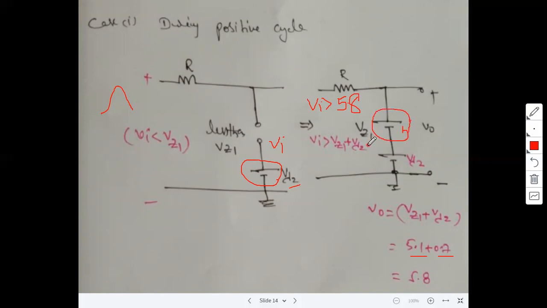The first Zener diode enters into breakdown. It acts as a reference voltage generator. How much reference voltage? Vz1, that is equal to 5.1. 5.1 plus 0.7 is equal to 5.8. Now output is equal to 5.8. Limited. Now in this case output is limited to 5.8 only.